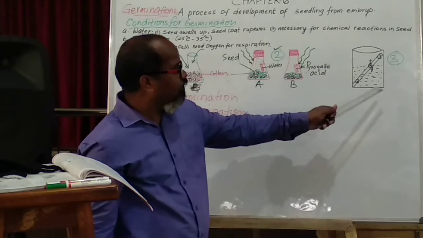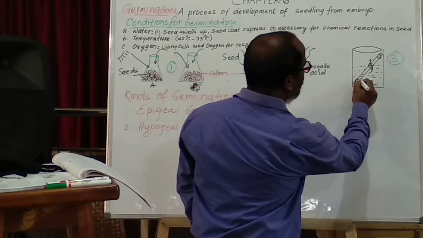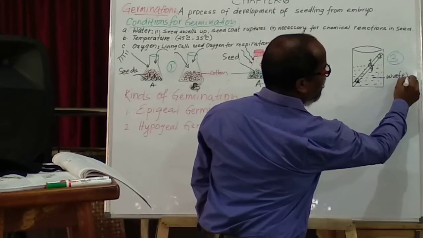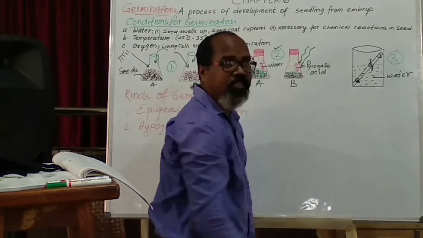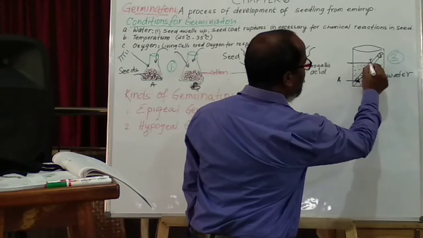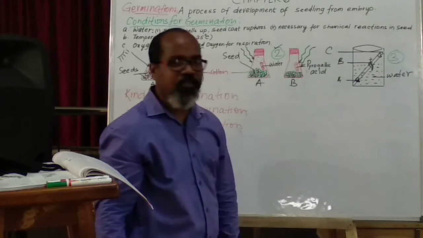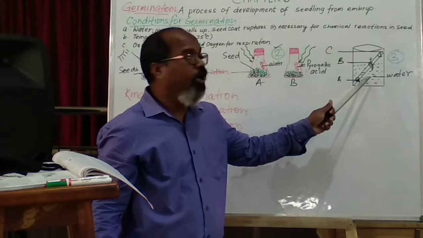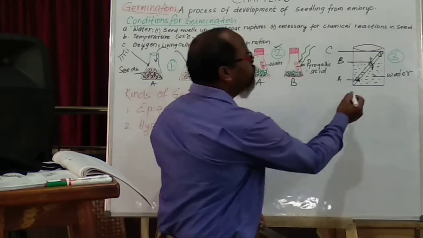Now let's see the third experiment here. Here we have three seeds. We have water in the flask. We have a dry stick, and on the dry stick we have tied seed A, seed B, and seed C. Seed A is receiving water and some amount of oxygen present in water, and so it germinated a little bit.